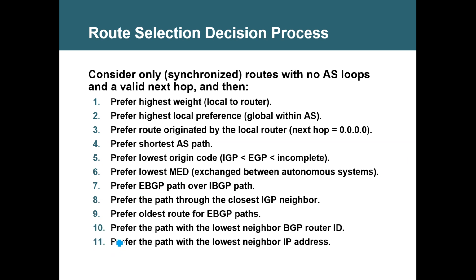What if both are IBGP? If both are IBGP, to reach that IBGP neighbor, it will check the cost, like OSPF cost. See, you have two IBGP neighbors, which means what? Your neighbors are inside your own autonomous system.